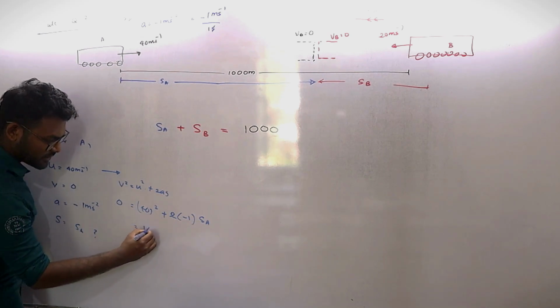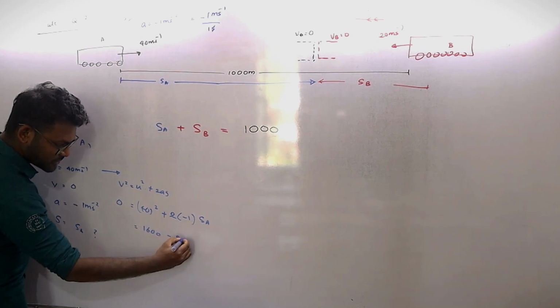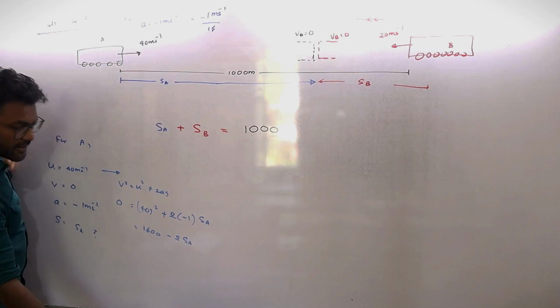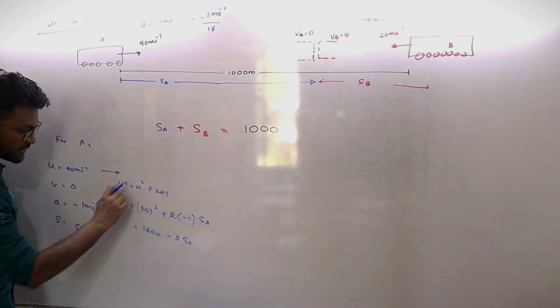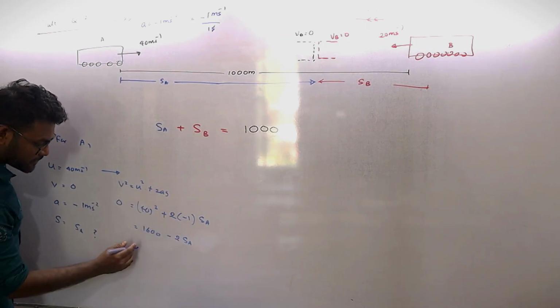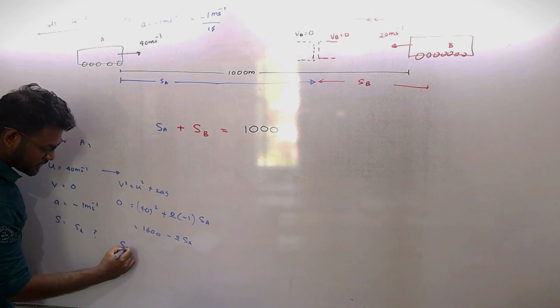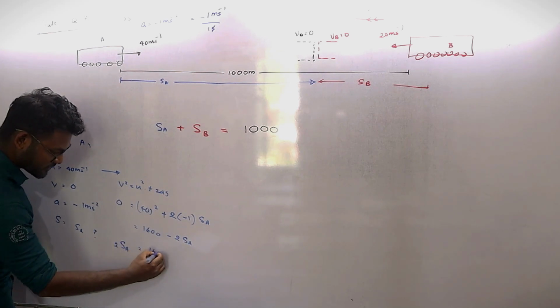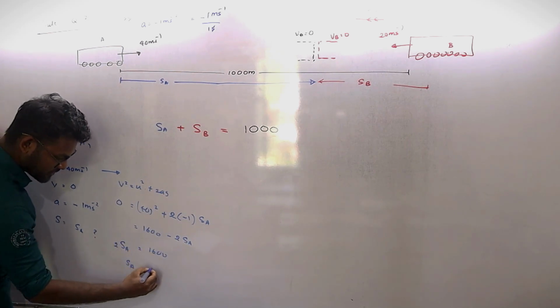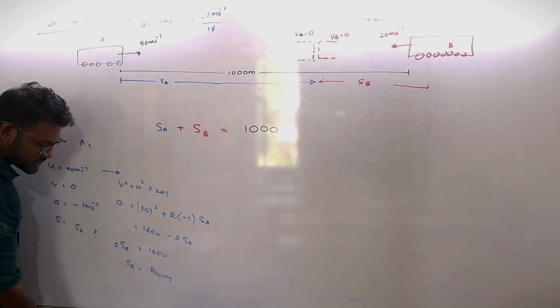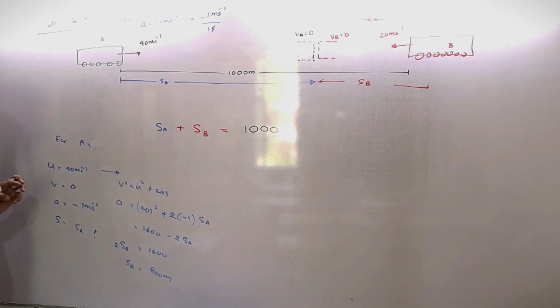So we're going to have 1600 minus 2 SA. I can bring this SA to the other side, that is 2 SA becomes 1600, so SA becomes 800 meters. This is not the answer that we need to find out, but you can move on with B.